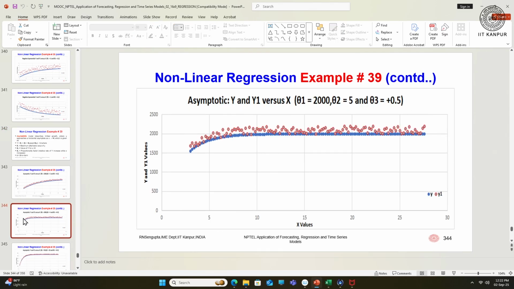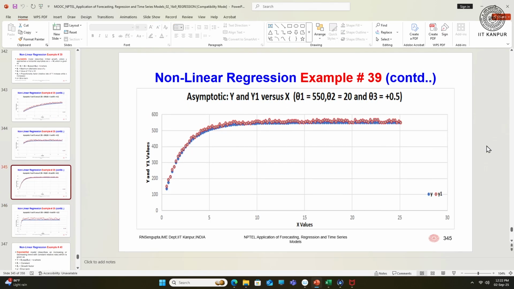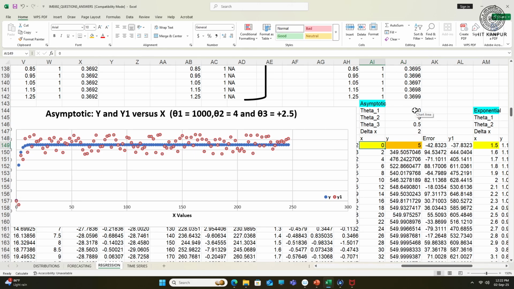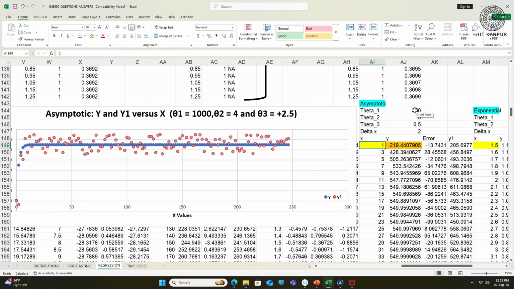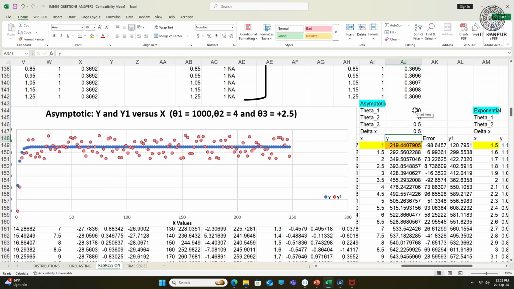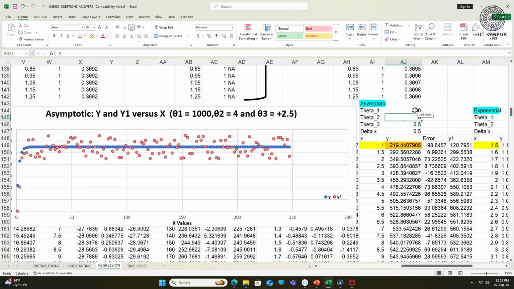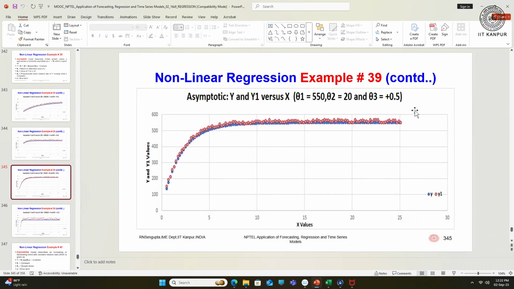Now, let us go to a theta 1 value of 550. Let me take it as 1, delta value is 0.5 for the time being, just for explanation, and theta 2 is 20 and theta 3 is 0.5.